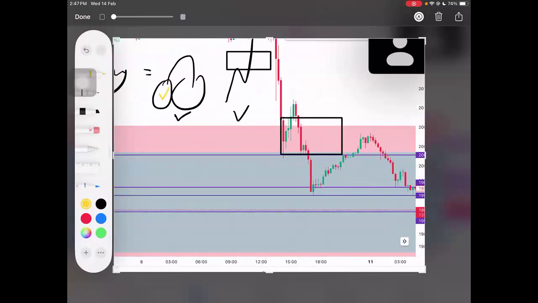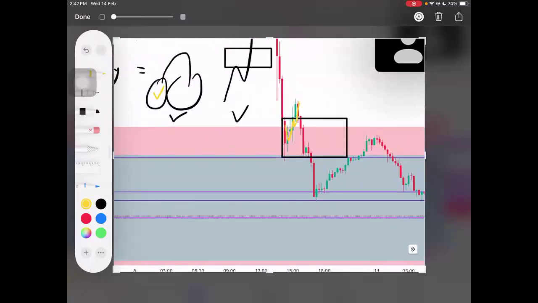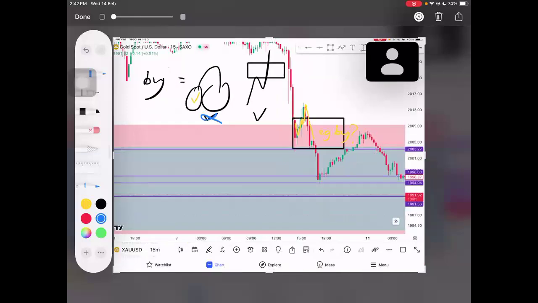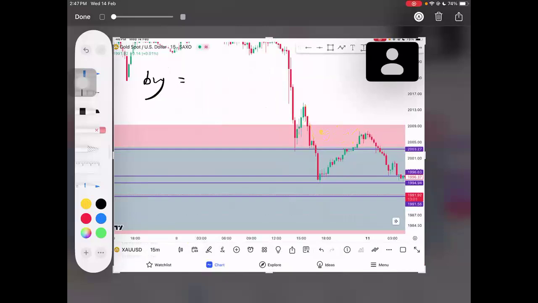When the price breaks the zone and comes back inside the zone, does it have an EG buy? No, it didn't. So you cannot use this sign. So now it gives you what? It gives you EF.